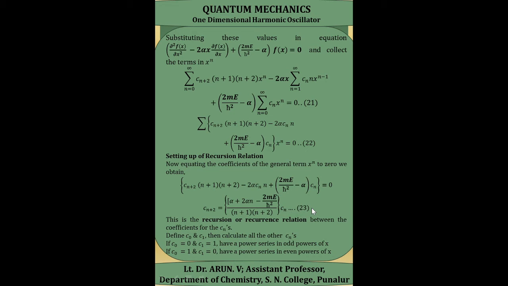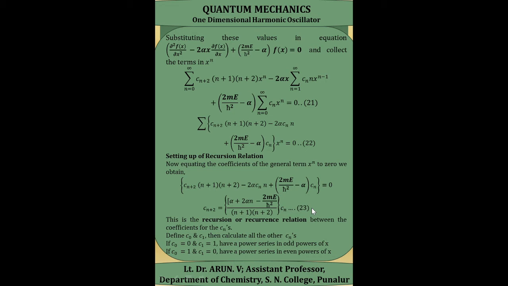From that we can write the coefficient c_(n+2) equal to (α plus 2αn minus 2mE/ħ²) divided by (n plus 1)(n plus 2), the whole multiplied by c_n. This is the recursion or recurrence relationship between the two coefficients of the c_n's.